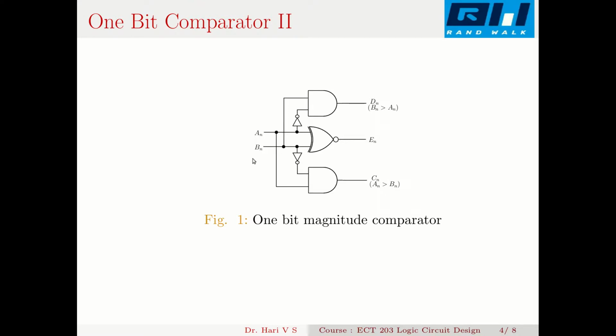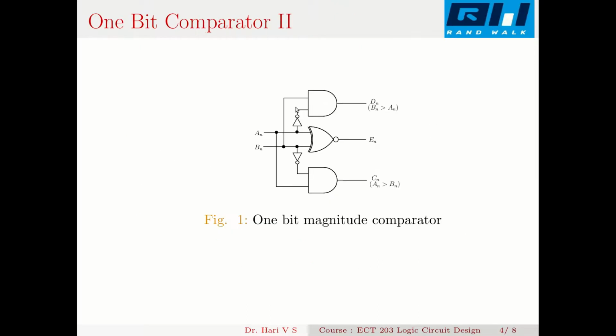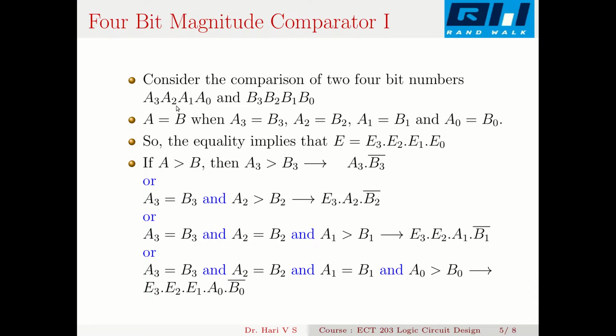Now let us expand this design to a comparison of two 4-bit numbers. It's a 4-bit magnitude comparator. Consider the comparison of two 4-bit numbers, A3, A2, A1, A0, and B3, B2, B1, B0. You can make this into a sub-circuit or a Verilog module, and you can utilize it the same way you used a 4-bit parallel adder.